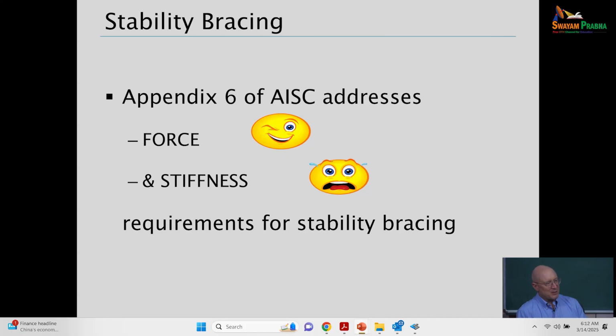But the other thing that can cause a lot of trouble in many systems in terms of being able to satisfy it is that you can't just say, oh, I've considered a force, and yes, that element can take that force. You also have to have sufficient stiffness. And so both requirements go hand in hand when we're looking at stability bracing. And stiffness is the one that the traditional rules ignored; they were just, oh, design those members for this force, don't do anything about stiffness.